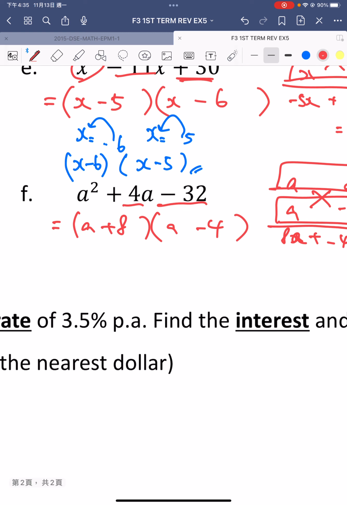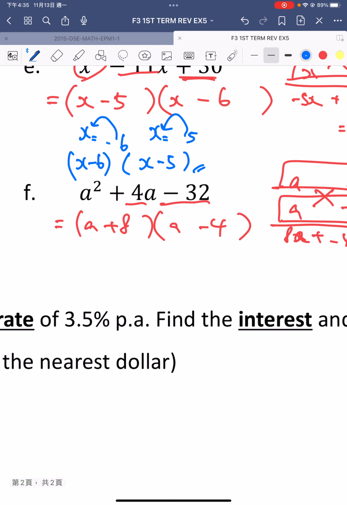Okay, so again, if you want to use the calculator, you just press in the numbers inside the formula 01. So for a, you need to put in the coefficient, the number at the front of the a squared, which is 1 definitely. So you put 1 as a, and then we want the number in front of the a, which is 4, and then we want the constant term, which is negative 32.